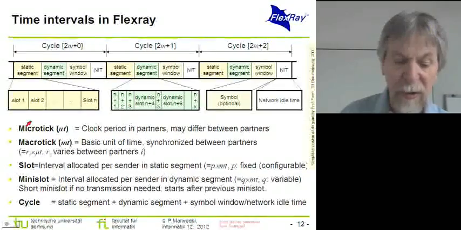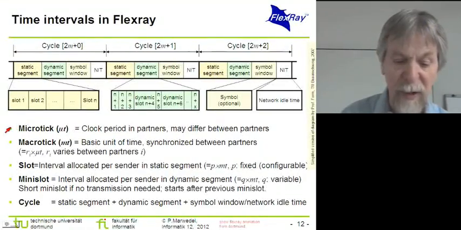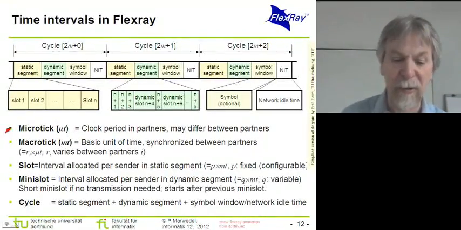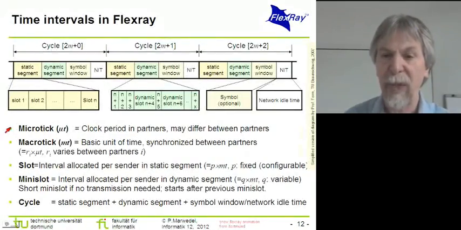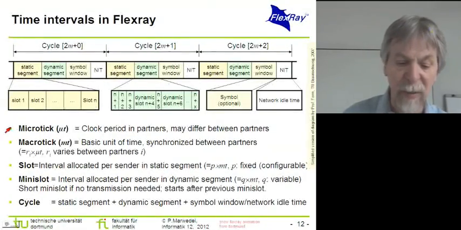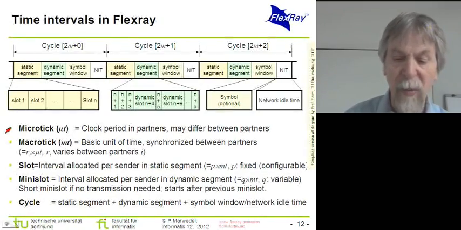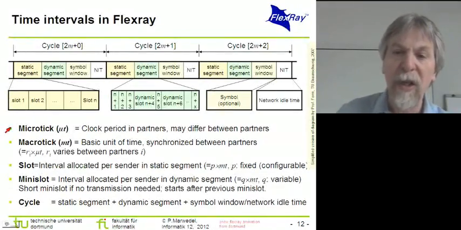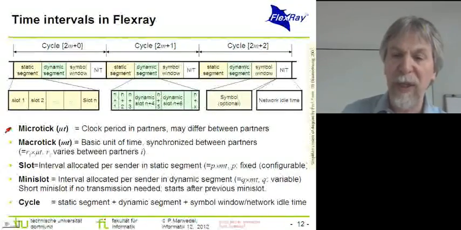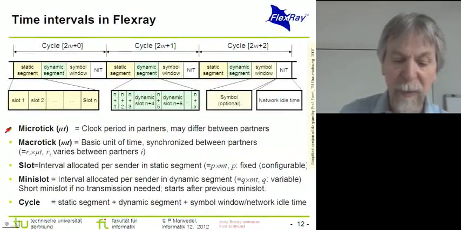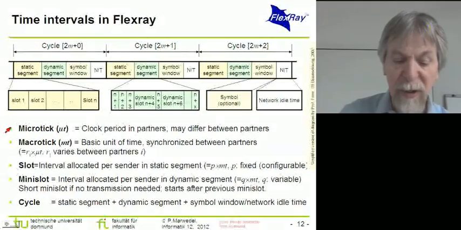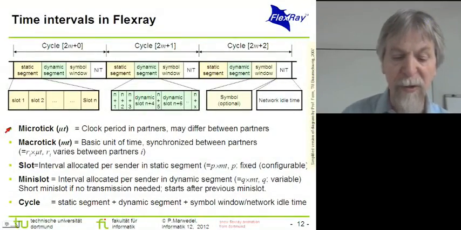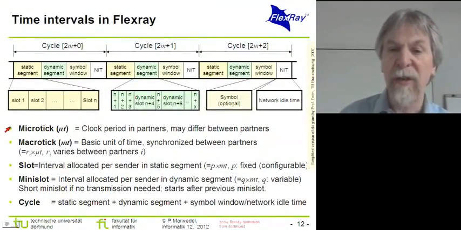Now, with respect to the timing in these FlexRay systems, there is sometimes confusion. So therefore, I'm presenting the timing model here. For a FlexRay system, we are allowed to have different local clock speeds in the different nodes. And these clock speeds there in the different nodes, they are defining the different microticks.